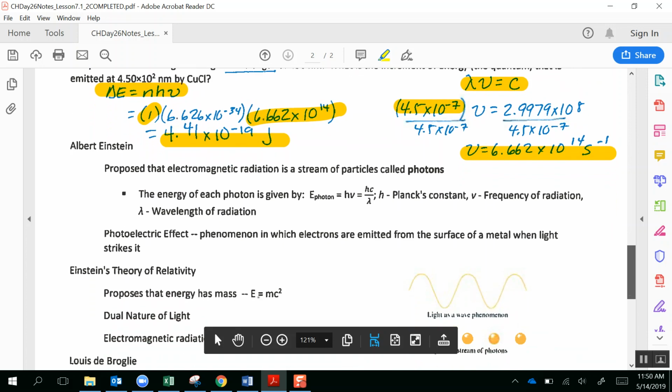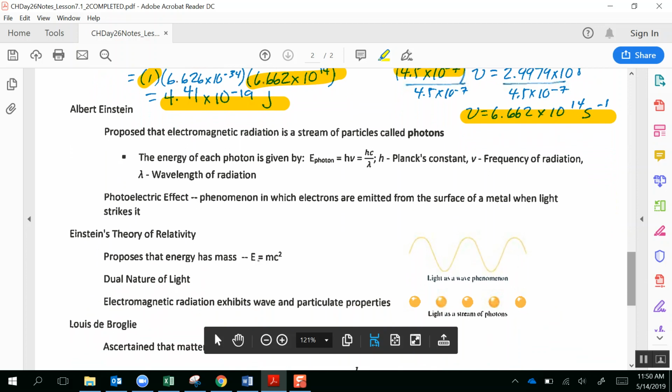So when we started talking about waves behaving as particles, then Albert Einstein jumped in and said that actually electromagnetic radiation is a stream of particles. And then he gave an equation that said the energy of each photon is given by the particular equation I just highlighted.